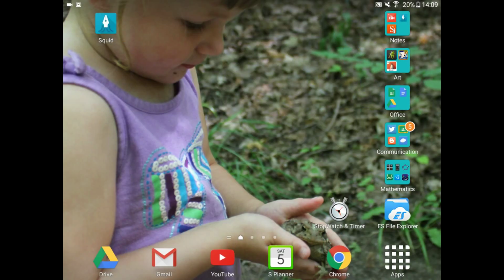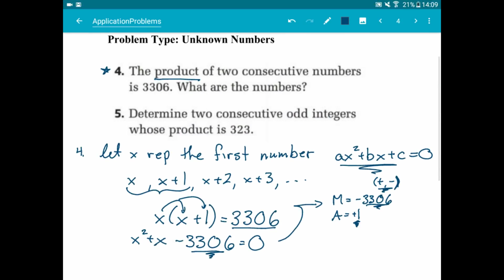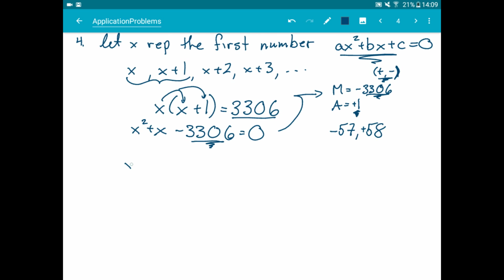If we go back here for a second, the numbers are going to be 57 and 58, and we want it to be plus 1, so it's going to look like that. Now we can factor this. You get x minus 57 times x plus 58 equals 0. So x is equal to minus 58, or x is equal to plus 57.